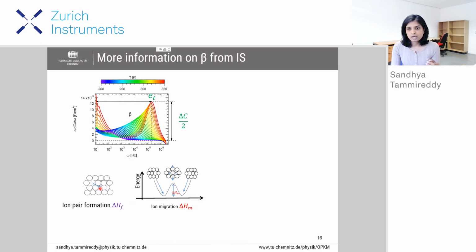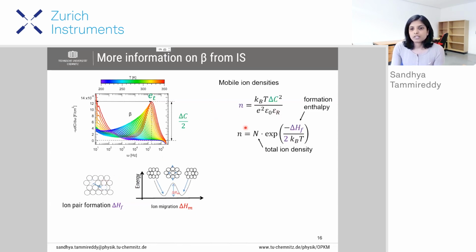So that's what we understood from the mobile ion density relation. As you can see here, n represents the mobile ion density, which seems to be directly proportional to the formation enthalpy. In other words, formation enthalpy is nothing but the amount of energy that you have to give an atom to be free of its neighboring bonds, to act as an ionic defect, for example. And you can access this experimentally by obtaining temperature-dependent mobile ionic defects.